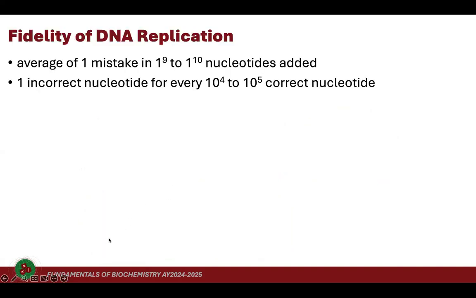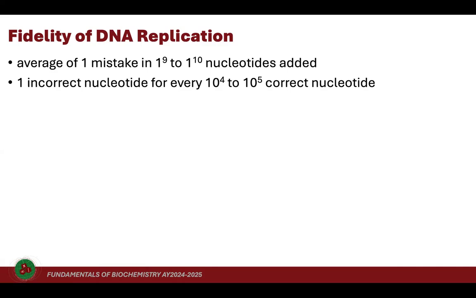So when we talk about DNA replication, its primary objective is to create an exact copy of the organism's genes. So nature makes sure that replication has high fidelity. When we say fidelity, this is the room for mistake.